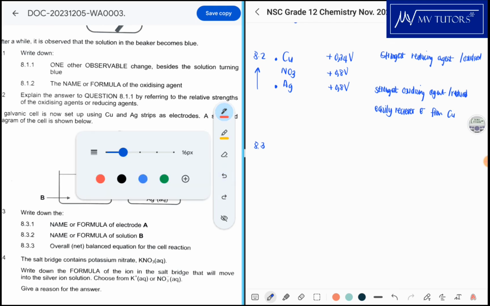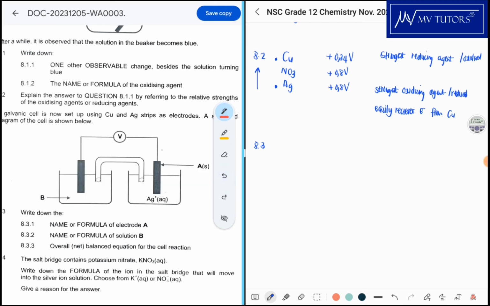So this is the part where it gets reduced, therefore it's the cathode. Red cat. And this side is your anode, where oxidation occurs. This is where your copper is that will get oxidized, and you have your electrons flowing in this manner.